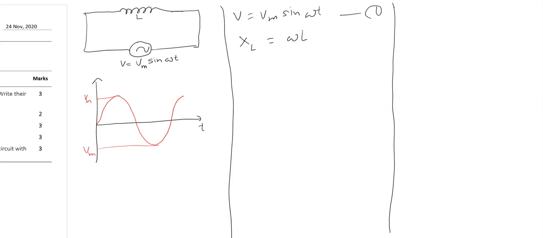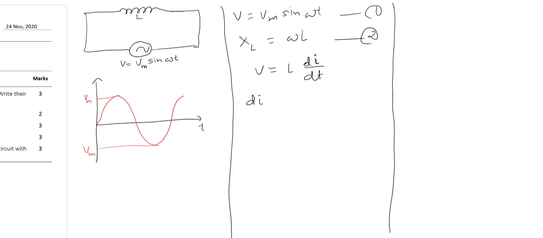Now, how do I determine current in this circuit? We know that voltage across an inductor can be given as L di by dt. If you go back to the previous chapter, electromagnetic induction, you will come to know that the potential difference developed across an inductor can be given as L di by dt.